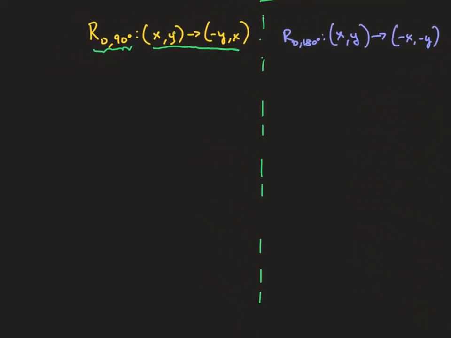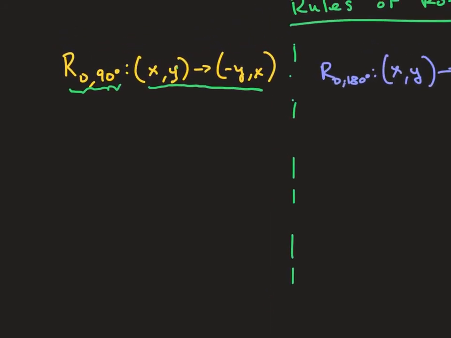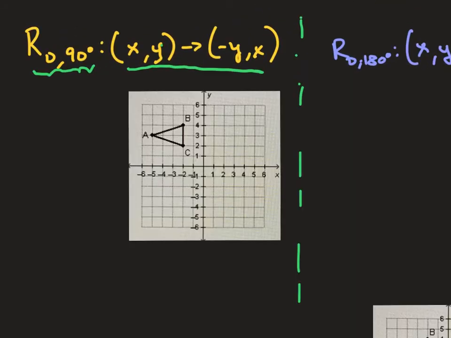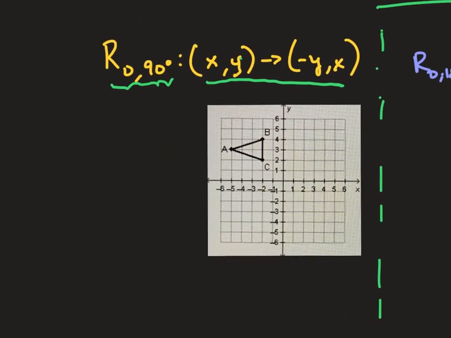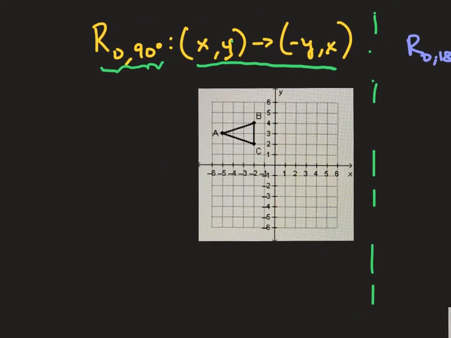So as we look at our rules for rotation for 90 degrees, and again, coming up with these new points, I'm going to go ahead and set up the rule here. I'm going to map (x, y) for a 90-degree rotation.